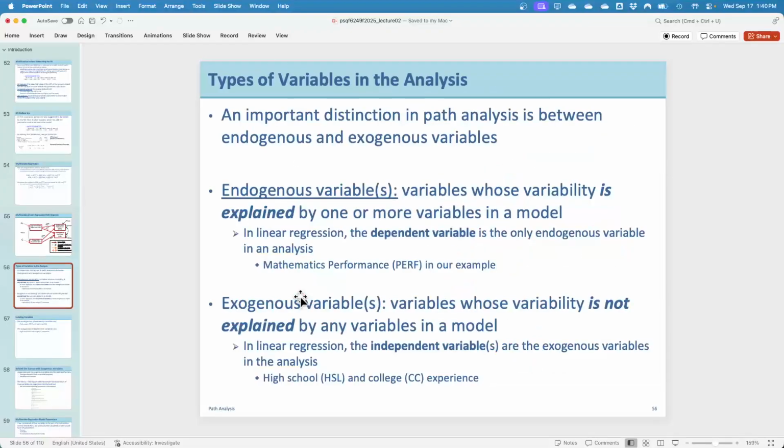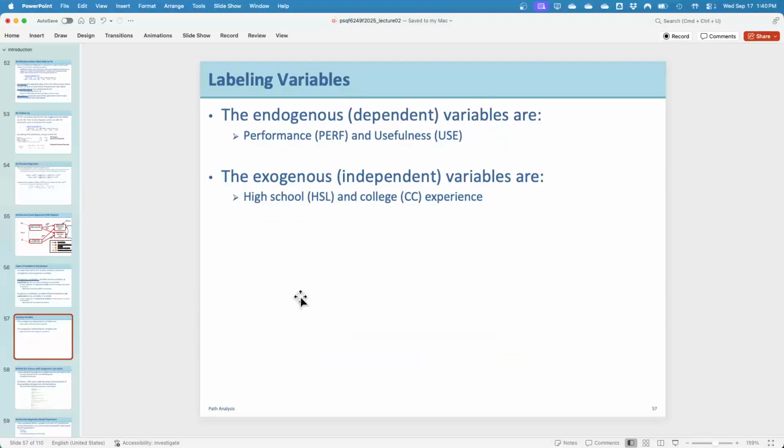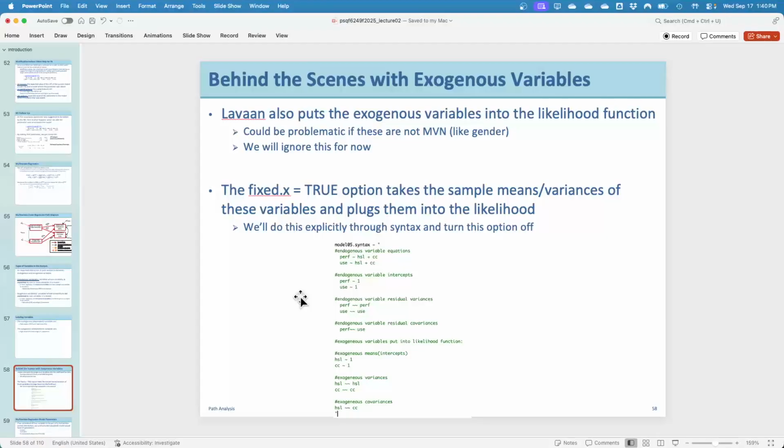Excellent. All right, so we already talked about endogenous and exogenous. Label those as well. Now, here's the fun thing about the exogenous variables. Lavaan will take those and make them part of the likelihood function. Now, you might think, what does that mean? This is one of the weird distinctions about maximum likelihood.